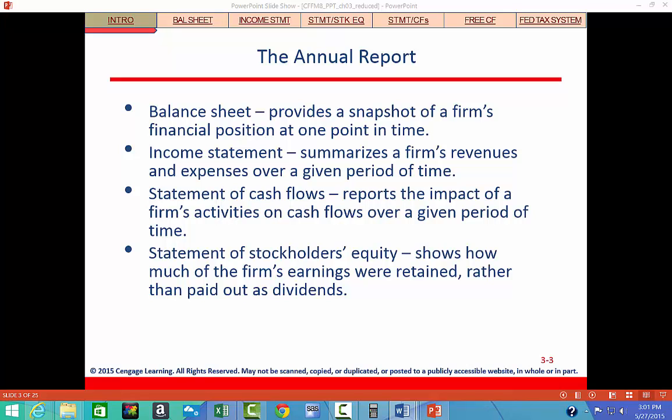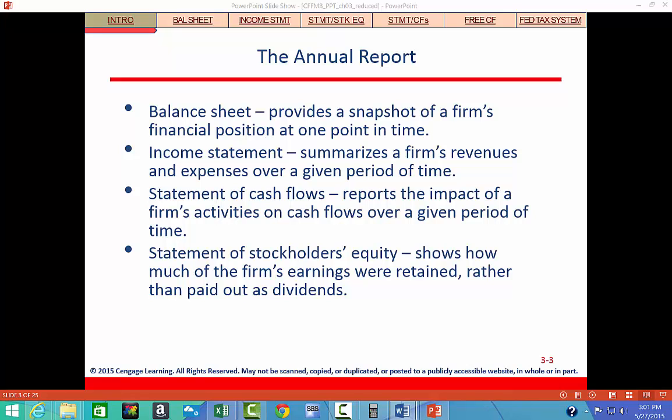For example, the sales figures reported on the income statement for the period ending December 31st, 2014 would represent the firm's sales over the period from January the 1st, 2014 through December the 31st, 2014, not just sales for December 31st, 2014. So it covers a year's time span.